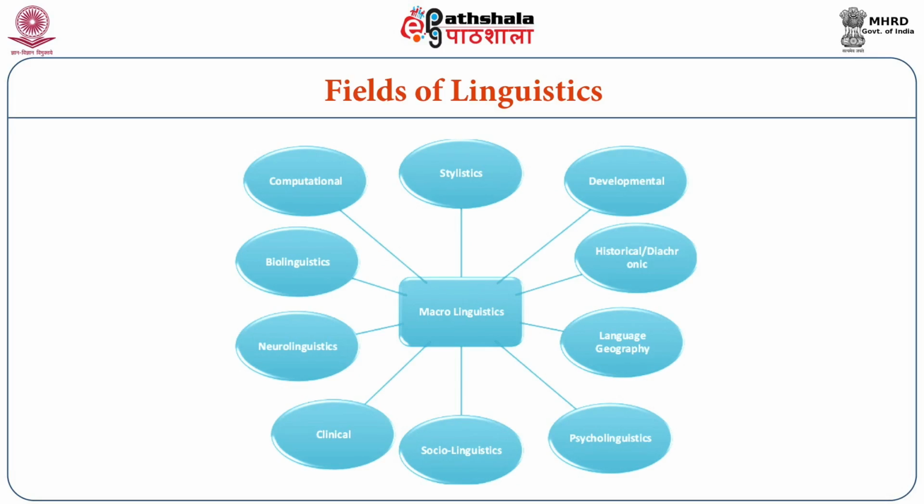In this slide you can see the different branches of macrolinguistics. Important ones are stylistics, developmental, historical, language geography, psycholinguistics, sociolinguistics, clinical, biolinguistics, neurolinguistics, and computational.